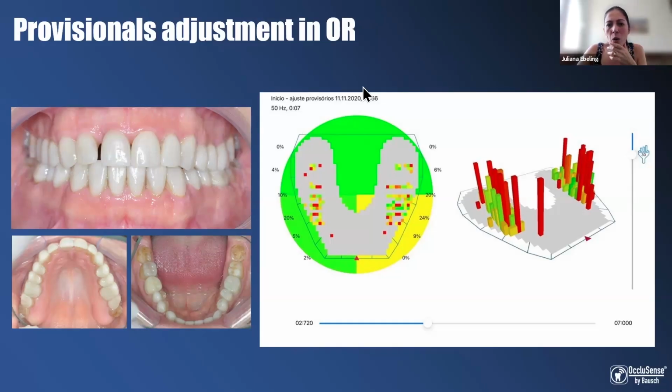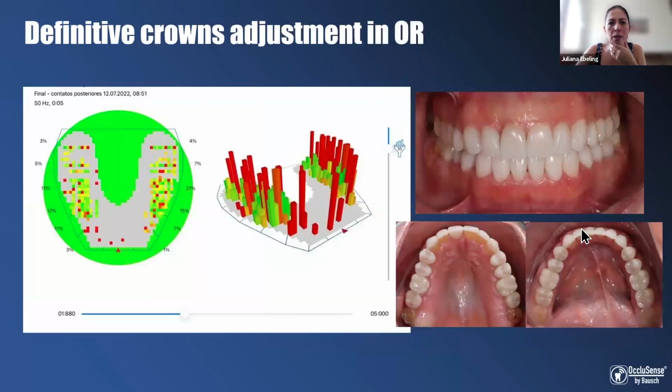So what was the aim here with OccluSense in this phase? To improve the distribution of contacts. I'm not looking for a perfect contact distribution in this phase, because I will have teeth movements, it is changing all the time. But to start, I needed a better balance. So I got this pattern with no contacts in anterior teeth, because I needed this space to make the movements.